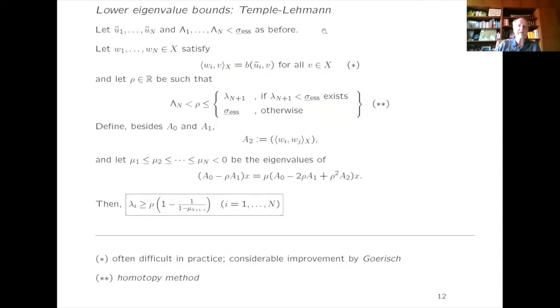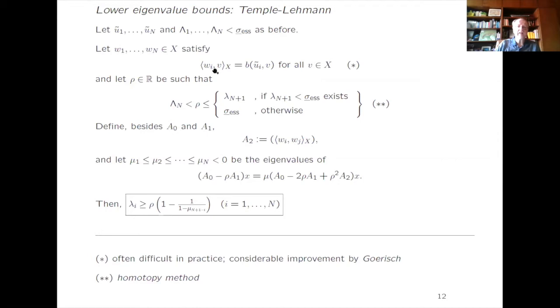This is done here by the Temple-Lehmann method. Let us first of all suppose that we have these approximate eigenfunctions and the upper bounds less than the essential spectrum as before from the Rayleigh-Ritz computation. Moreover, we need here a second set of basis functions, namely let me call them w1 to wn, and these are functions which have to satisfy these inequalities here.